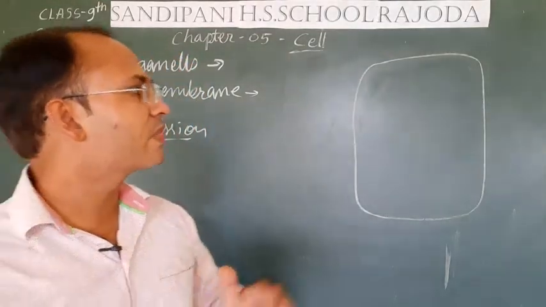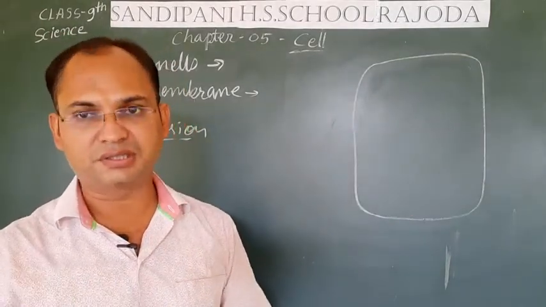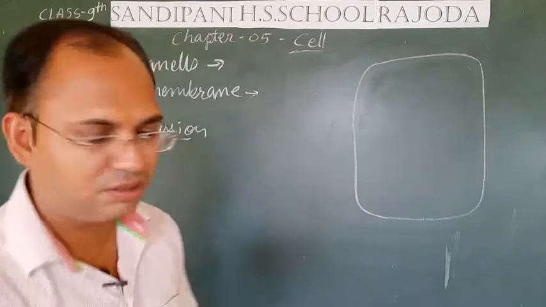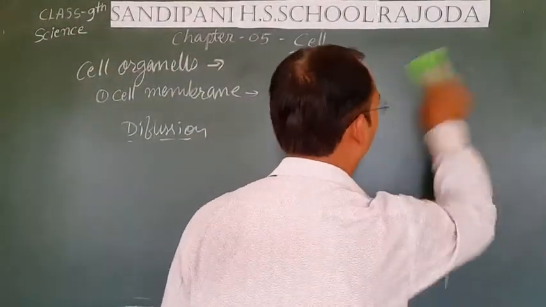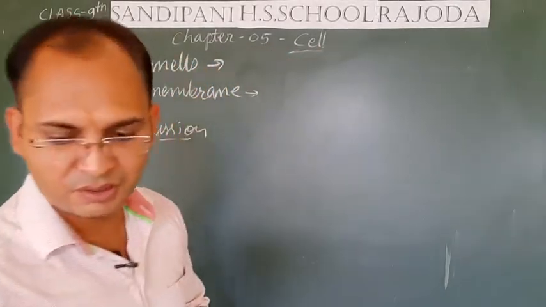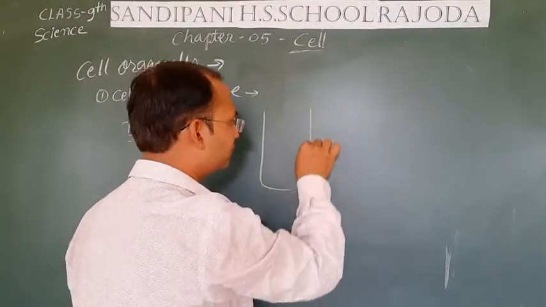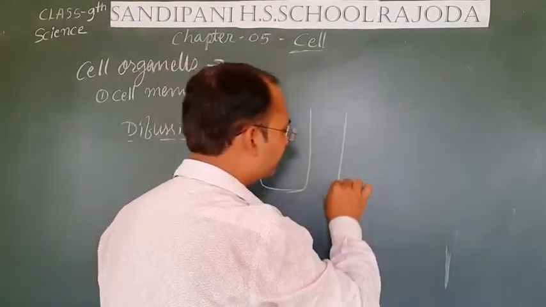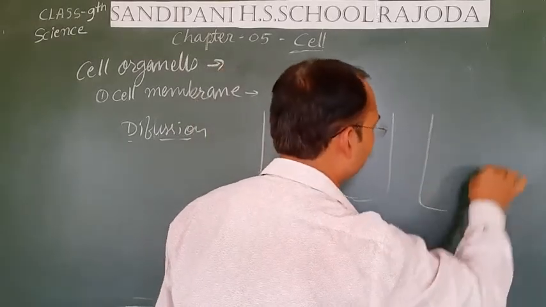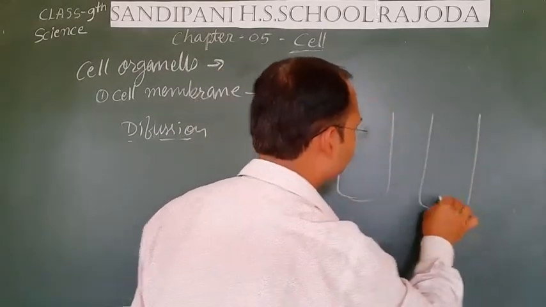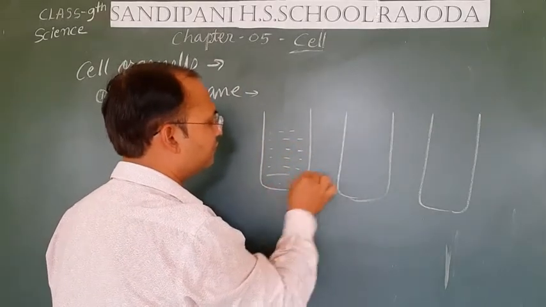Students, if we put this cell in 3 different concentrated waters, you can perform this practical at your home also. We take the same type of cell and put them in 3 different glasses of water, and the concentration of the solution in the water is different.